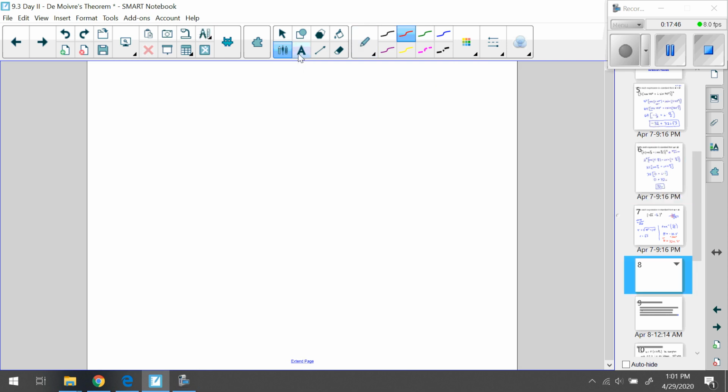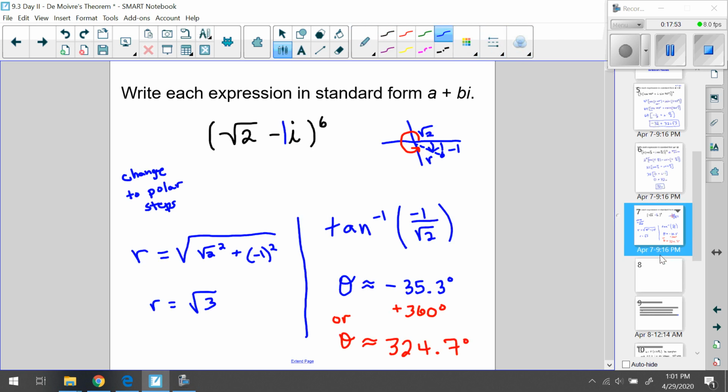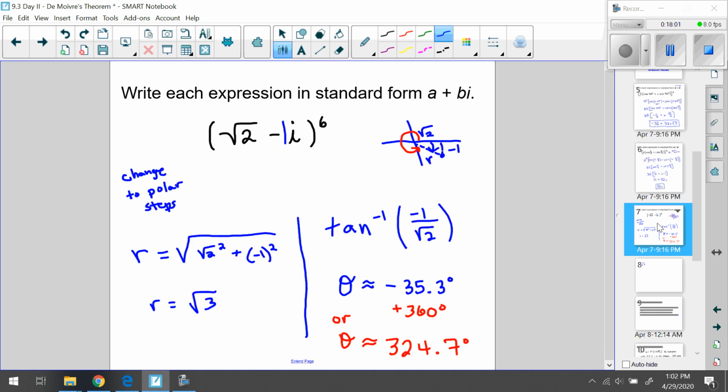So here's our second part: we'll take that R value that we just found, √3, and let's go ahead and apply de Moivre's theorem as we're writing this out.